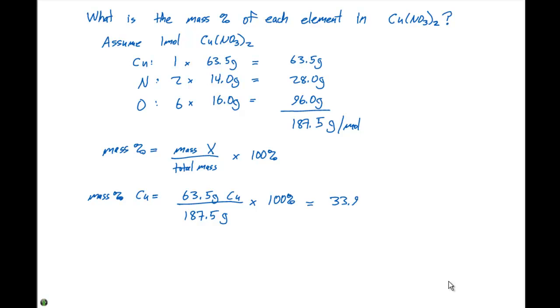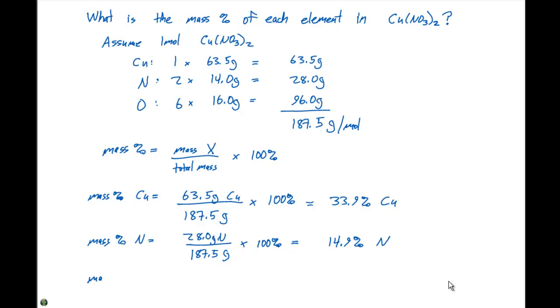This gives us 33.9% copper. Our mass percent of nitrogen is going to equal 28.0 grams of nitrogen divided by the total mass, which is again 187.5. We multiply by 100%, and that gives us 14.9% nitrogen.